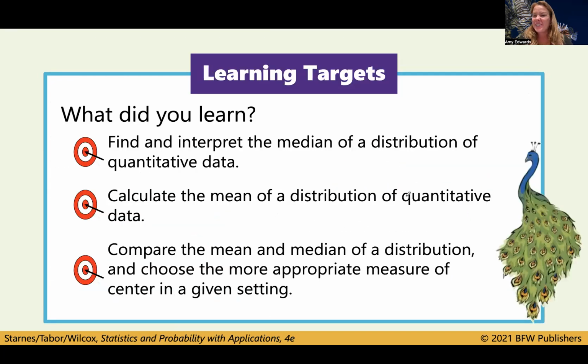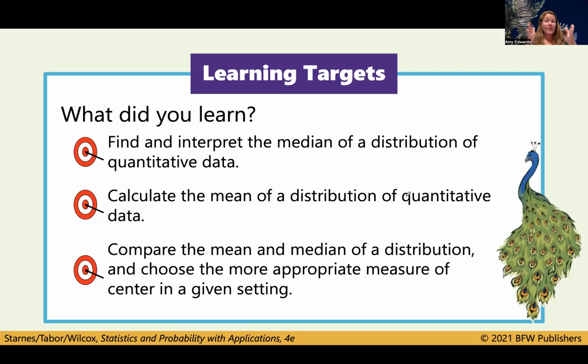And so I'm done. Aren't you excited? So again, now you should be able to say, I can find and interpret the median of a distribution of data. Use that StatMedic applet. You should be able now to say, yeah, I can go in StatMedic and I can calculate the mean of data. And then I can compare the mean and median.